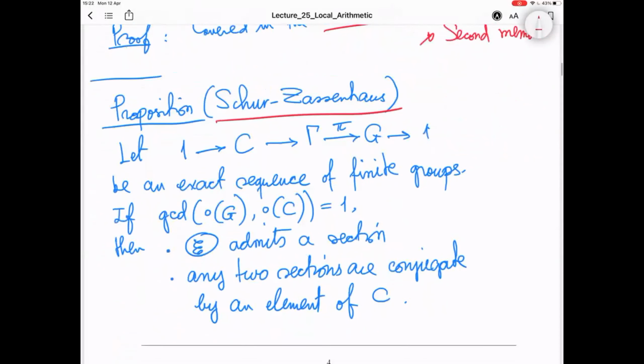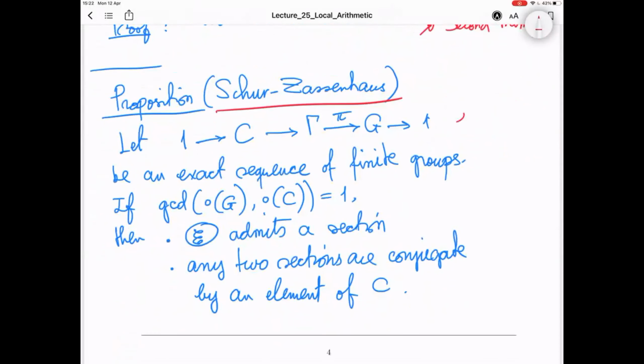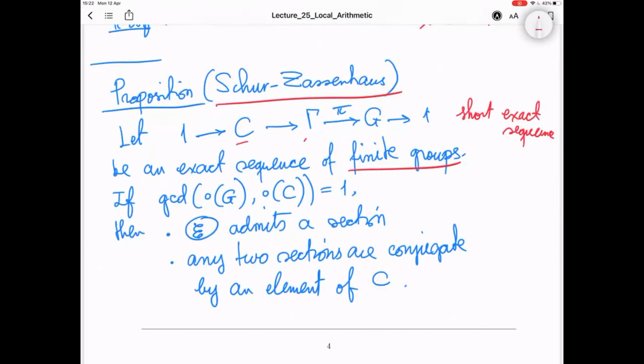And it says that if I have a short exact sequence of finite groups, so C, gamma, and G are finite groups, C is actually a normal subgroup of gamma, and G is the quotient of gamma by C. That's what it means for it to be a short exact sequence.